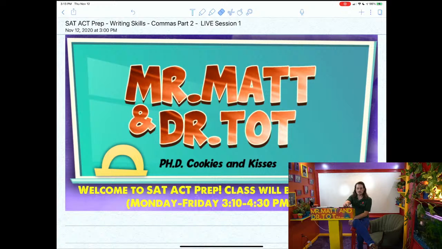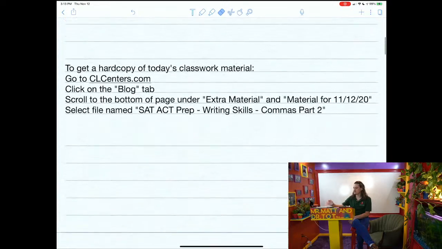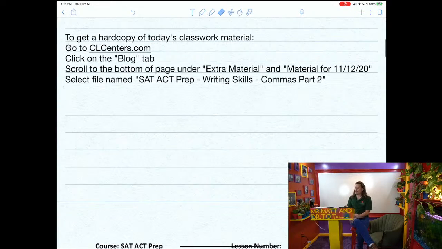But if you go to that link, or if you go to clcenters.com, and then go to their blog and scroll all the way to the bottom. Actually, I have the instructions right here. There's a title called Extra Material, and then under that is material for our date, November 12th, 2020. And it's the file called SAT Prep Writing Skills, Commas, Part 2.